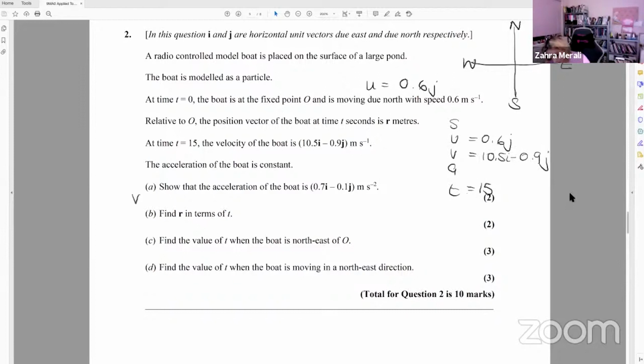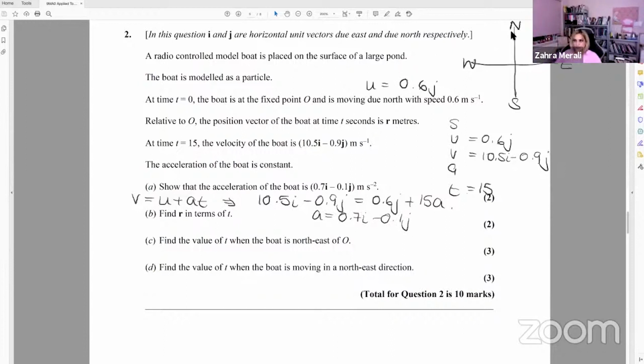So we've got v equals u plus at, which gives us 10.5i minus 0.9j equals 0.6j plus 15a. You rearrange that for a, and you get the answer of 0.7i minus 0.1j. So that's quite straightforward.